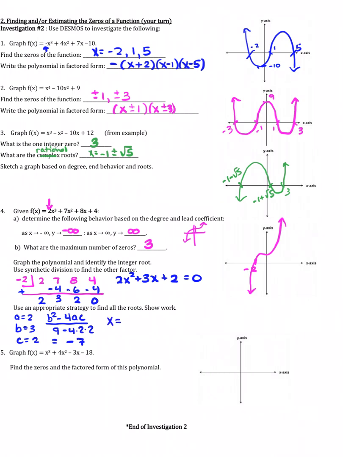So x equals the opposite of b over 2 times a, plus or minus the square root of -7 over 2 times a, and simplifying that is -3/4 plus or minus i rad 7 over 4. So there are your 2 complex roots, which again always come in complex conjugate pairs, and that represents one of your turnarounds. All right, so this last one, find the zeros and the factored form.